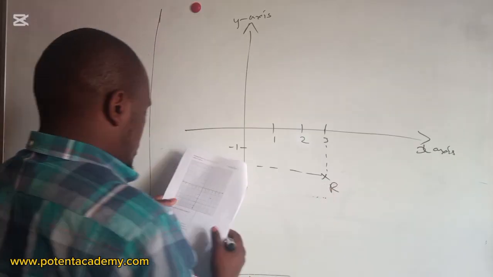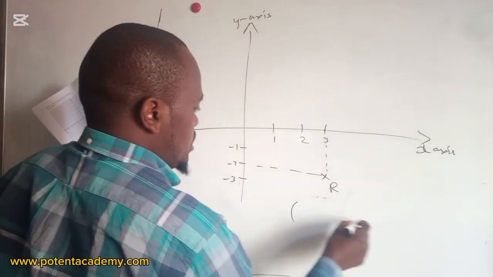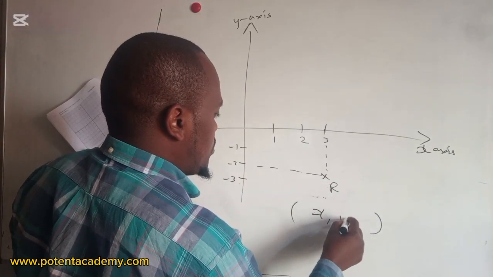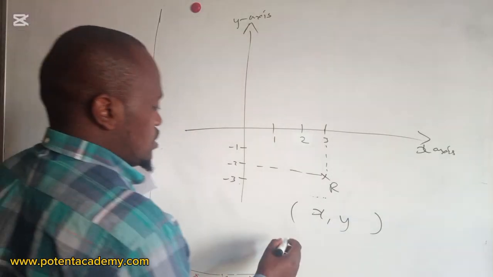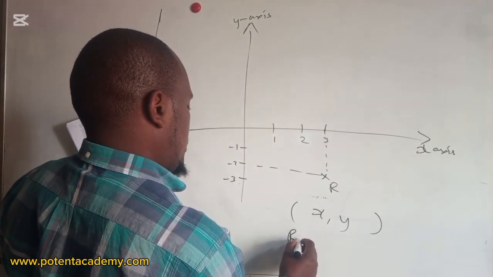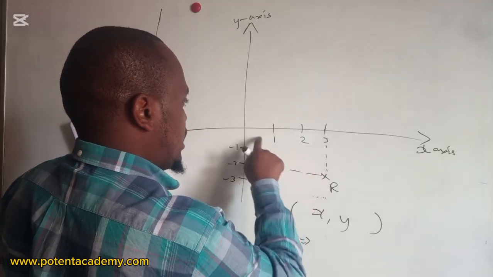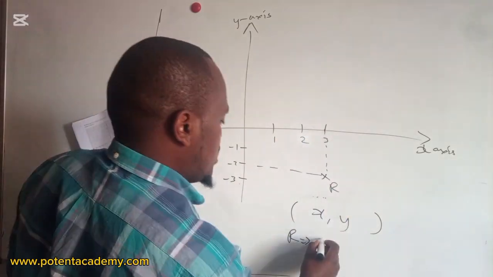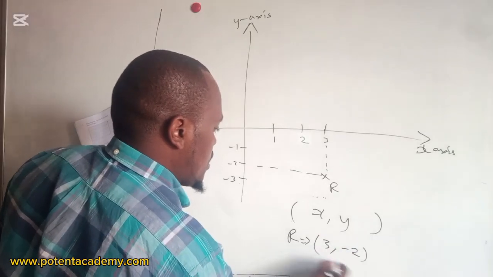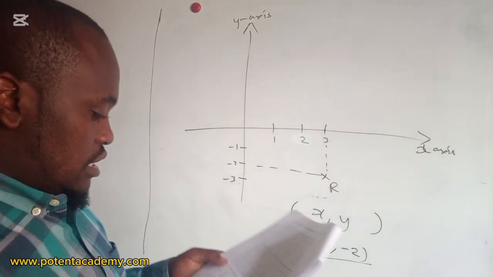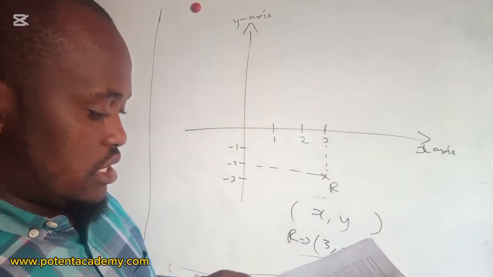This is R. So we said you start with x, then y, when you're giving the coordinates of a point. So point R, its coordinates are, you start with x, going this way, 3, comma, then you go this way, -2. So your answer is (3, -2), which is B.